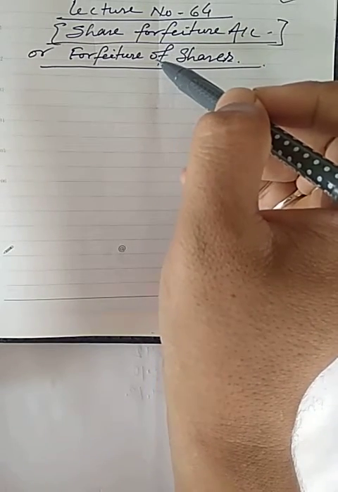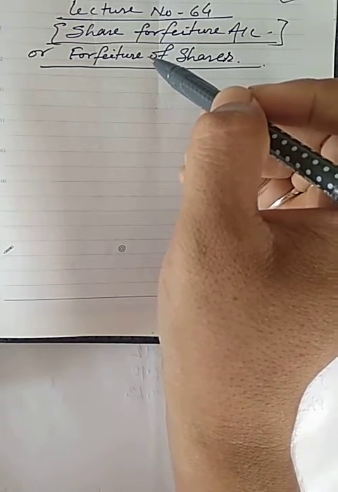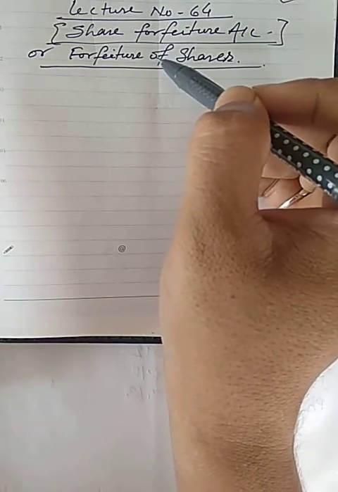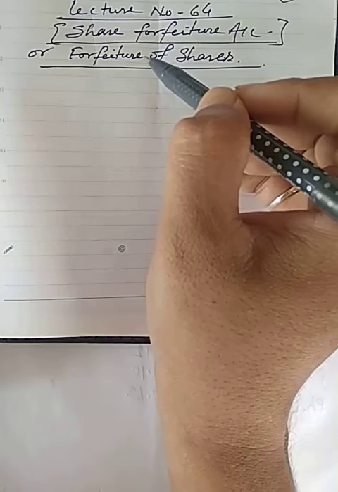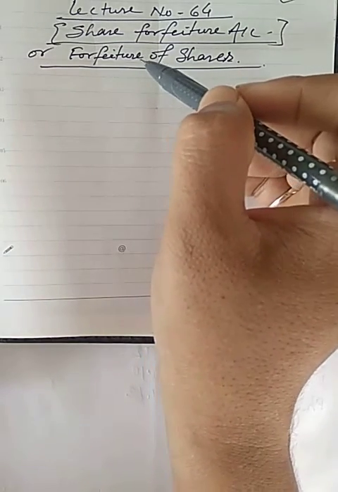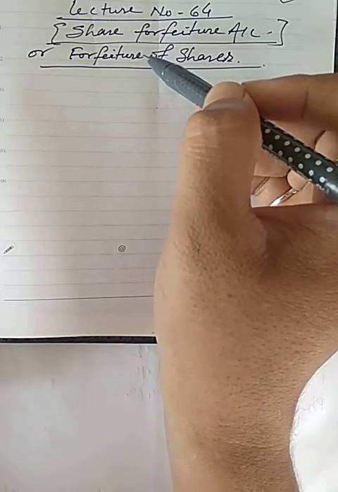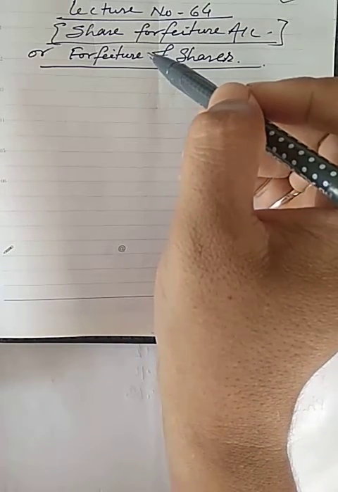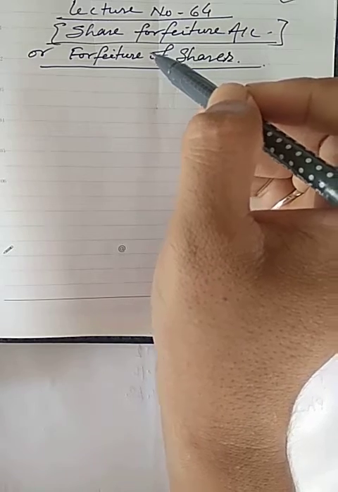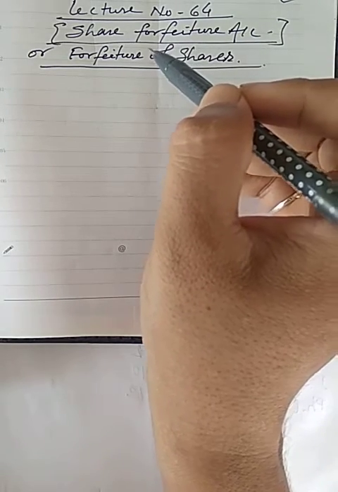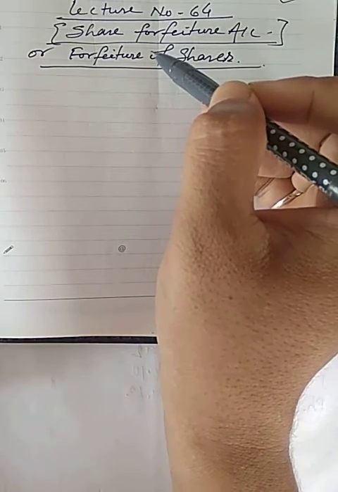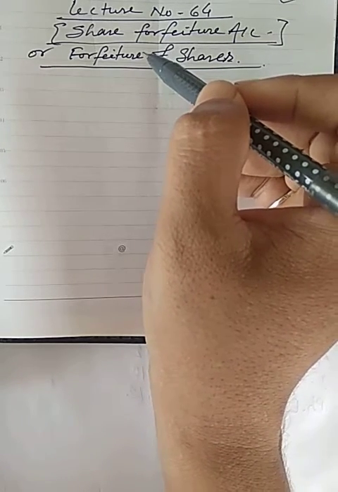It may be noted that shares can be forfeited only if the articles of association of the company allow it. In order to make the forfeiture valid, it is essential to follow the rules laid down in the articles.